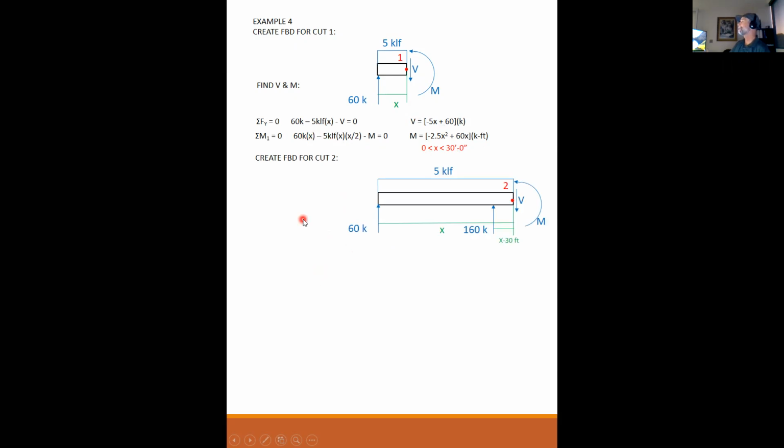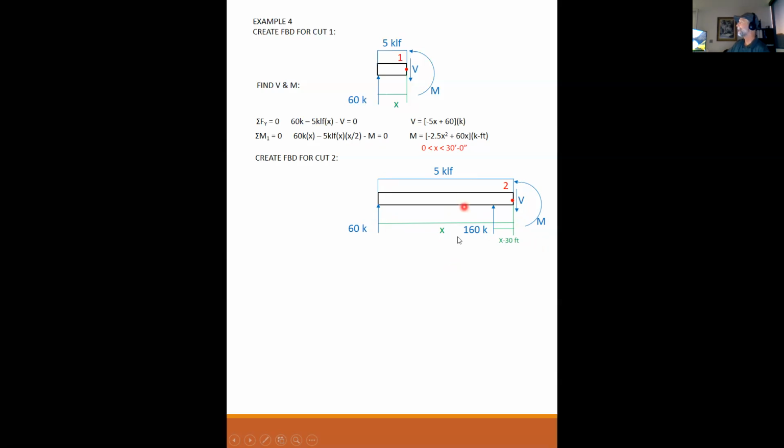And here is where I said before, you always take X from the left-hand side. Even though it's closer and simpler to take it from the right-hand side, you would have the wrong X, you would have the wrong answer. X is always taken from the same reference point.